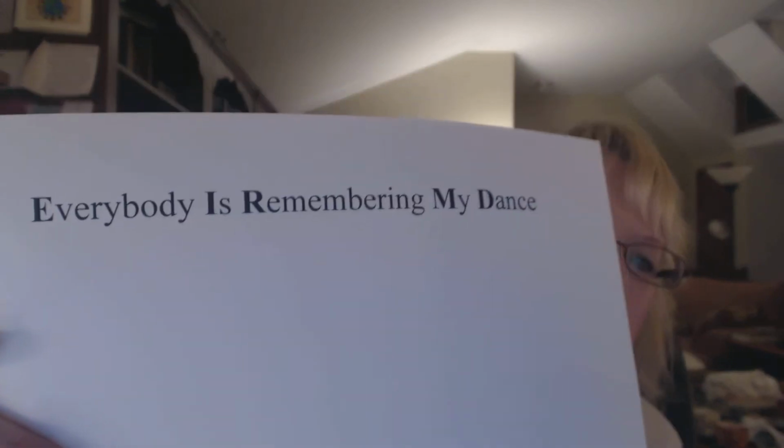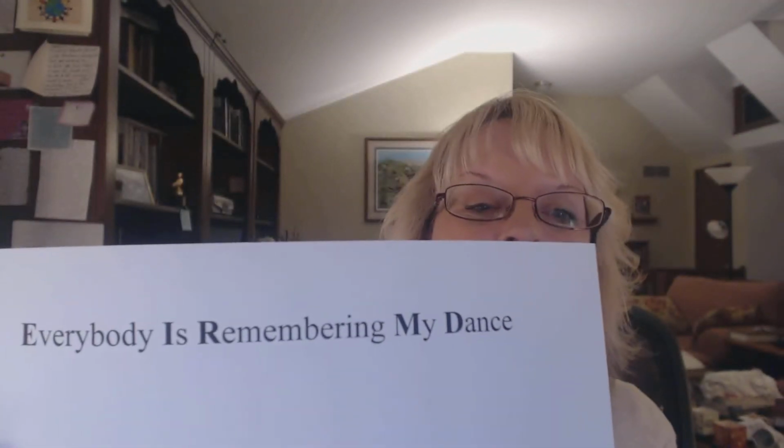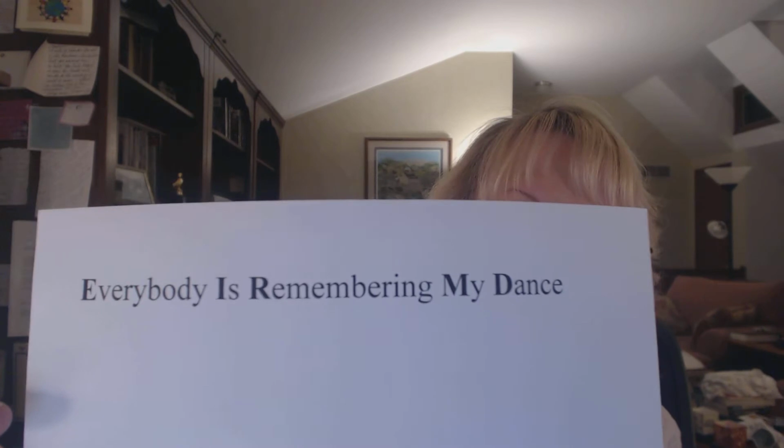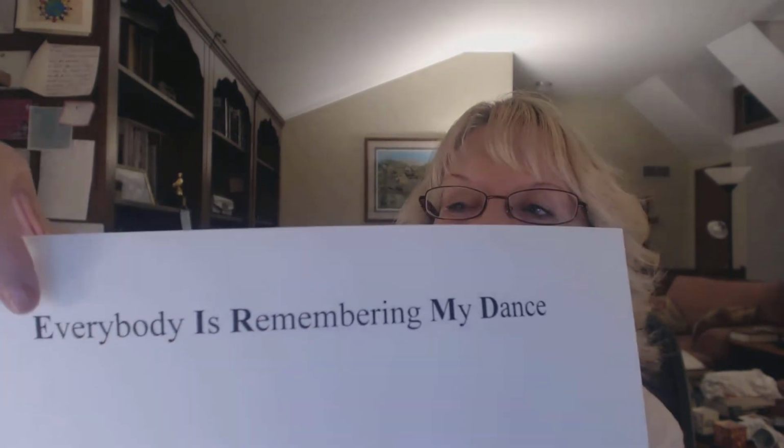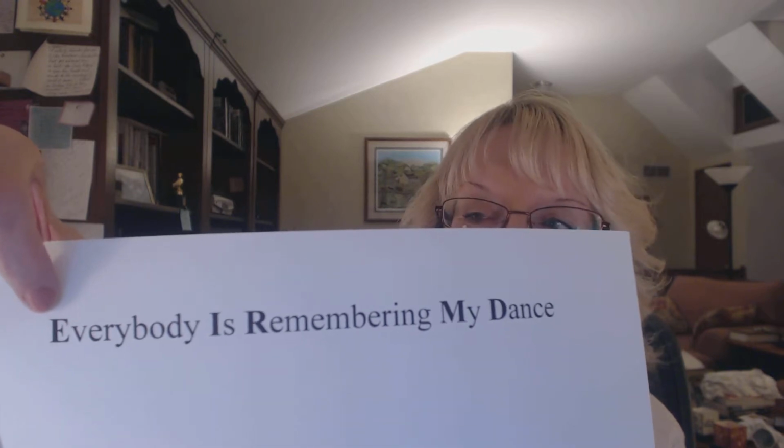Now, how are you going to remember these? Expressive movement, imagery, responding to beat, moving in relation to beat, and choreography and dance. Well, one of my students made up this handy little saying that says, Everybody is remembering my dance. The first letter of each word goes along.